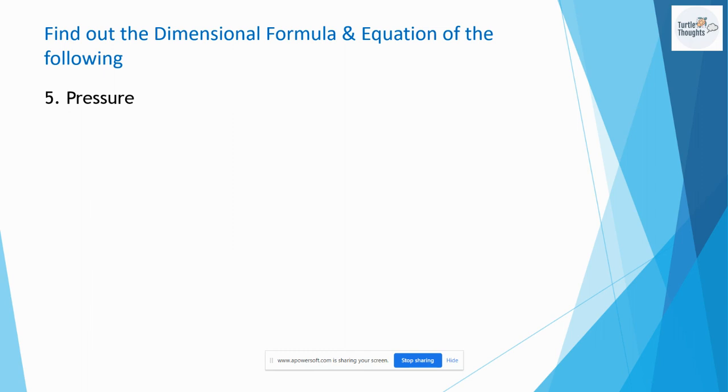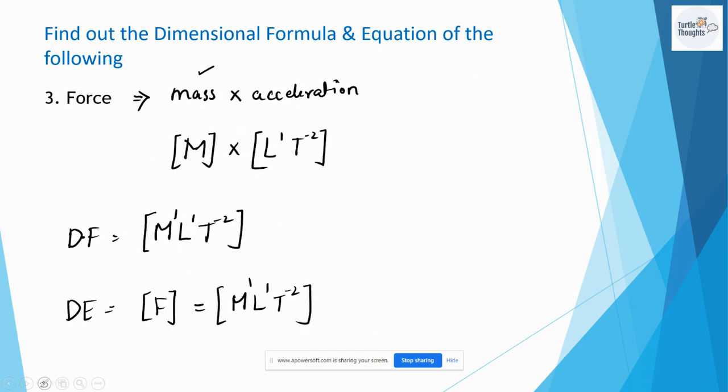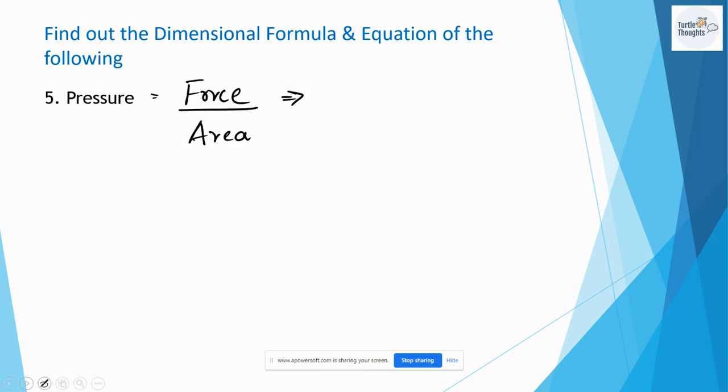Next, pressure. What is pressure? Pressure is force divided by area. We know the dimensional formula for force. It is M1 L1 T to the power minus 2. So let me write the same thing over here. What is area?